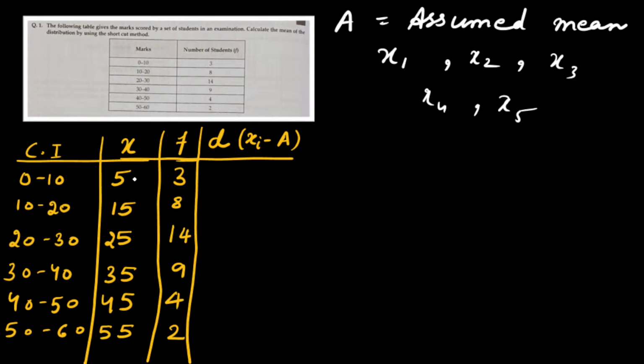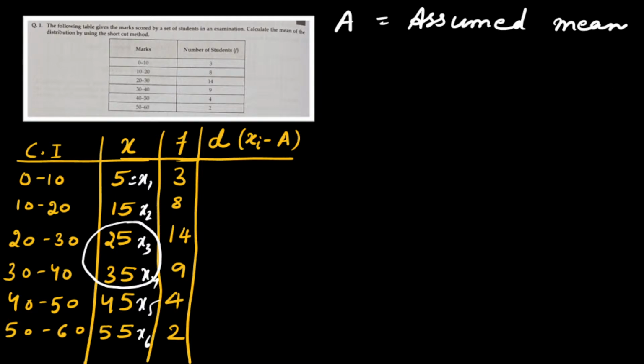This one is x1, x2, x3, x4, x5 and x6. So 6 are there. These two come in the middle, 25 and 35, because even number of terms. Anyone we can assume as A. Anyone, the answer will be same.